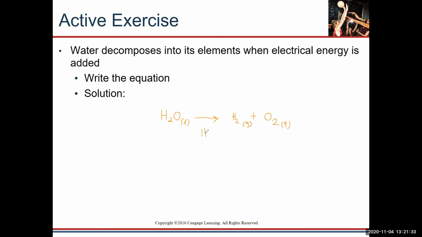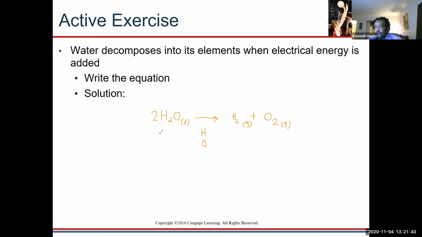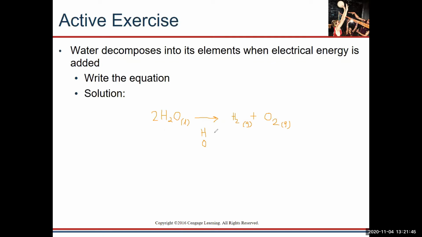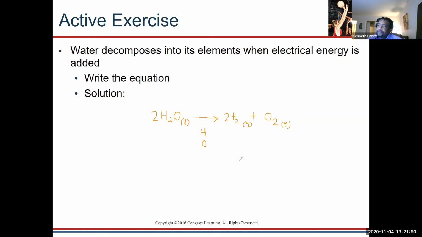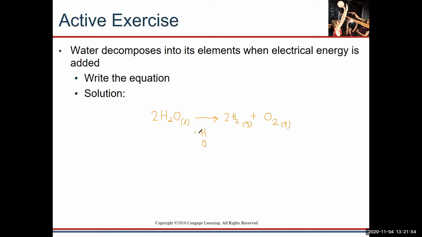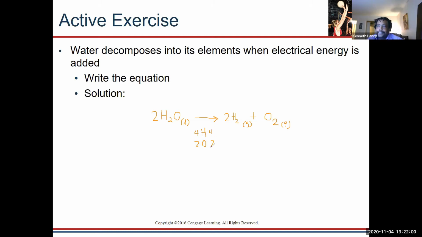You put a 2, you multiply H2O by 2, and then a 2 in front of hydrogen too. I think that balanced them out, right? That is correct. Piece of cake. Good.